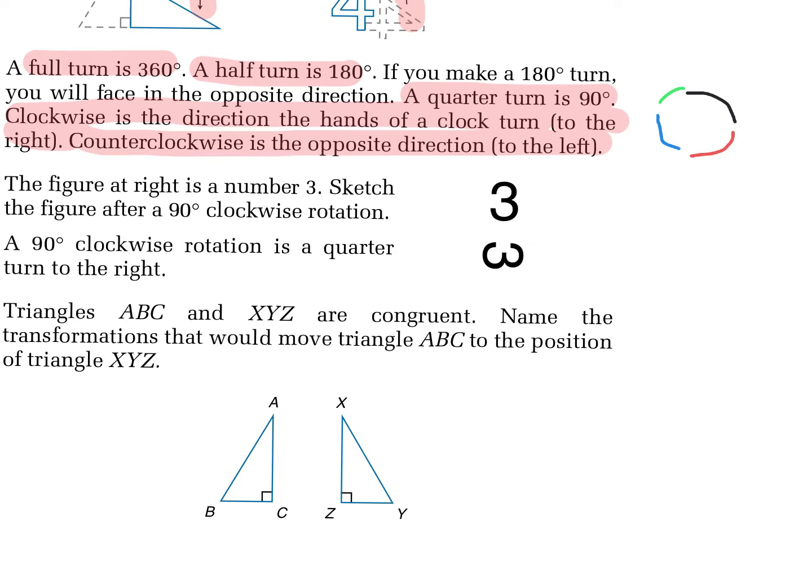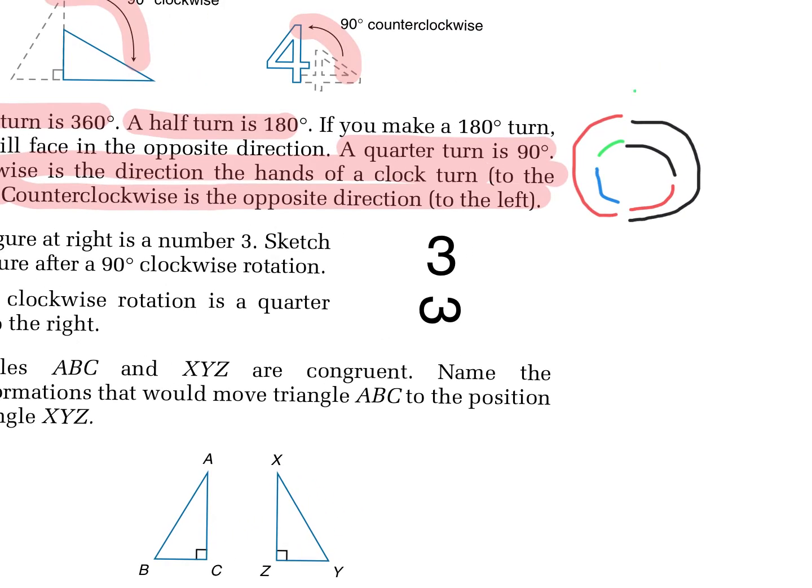Now if I went from the red to the blue, that would be a half turn. And then the blue to the green would be a half turn, which is 180 degrees. Now if I went in a full circle all the way around and it's still the same direction, that would be 360 degrees.